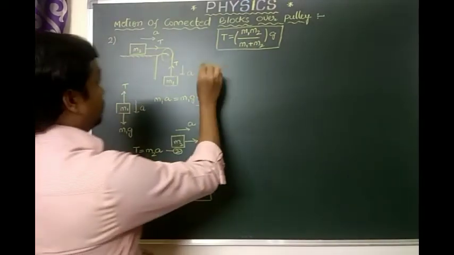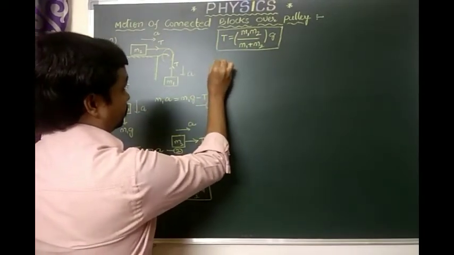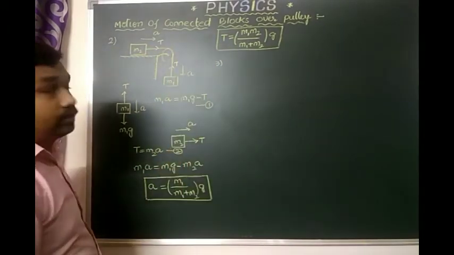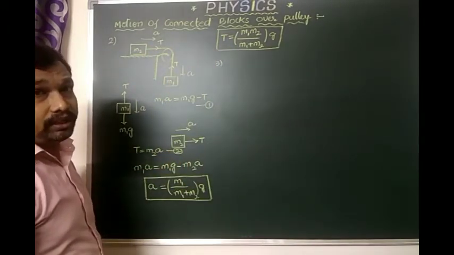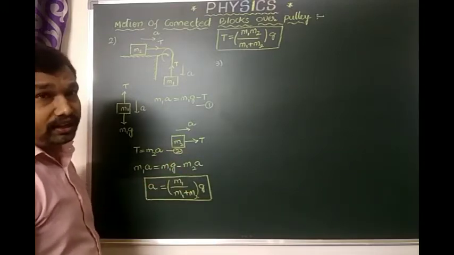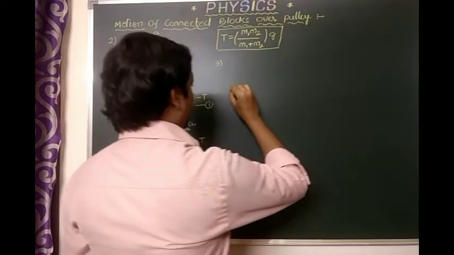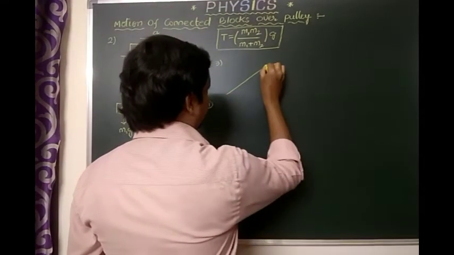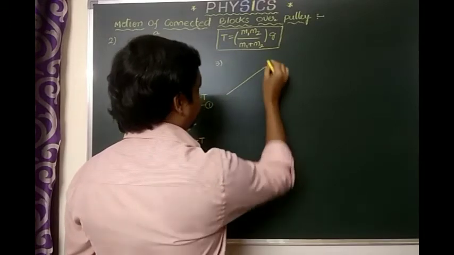Okay, and coming to the next pulley. Suppose one of the objects is placed over an inclined surface, then what will be the tension and acceleration? We can consider it like this. This is the sharp edge we are considering.